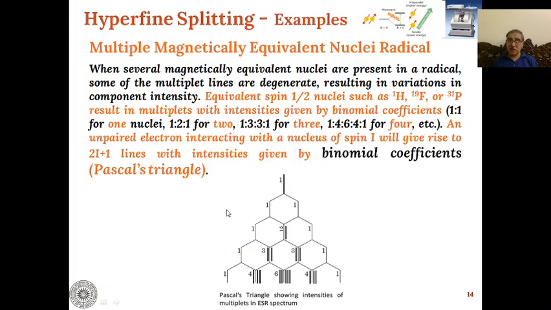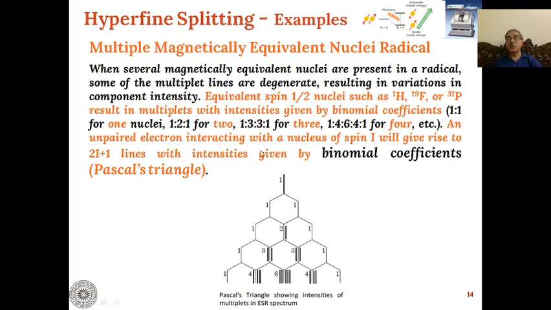So these intensities are based on Pascal's triangle, which we will discuss in the subsequent slides. So this is the Pascal triangle on the basis of which intensities of different types of radicals are determined.